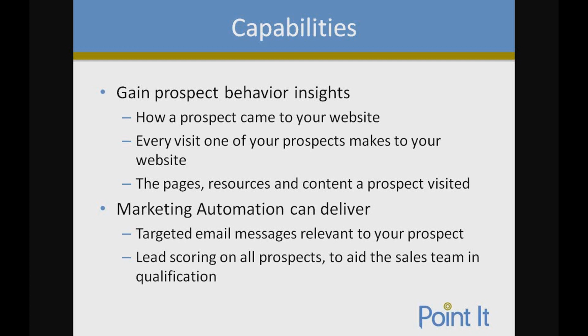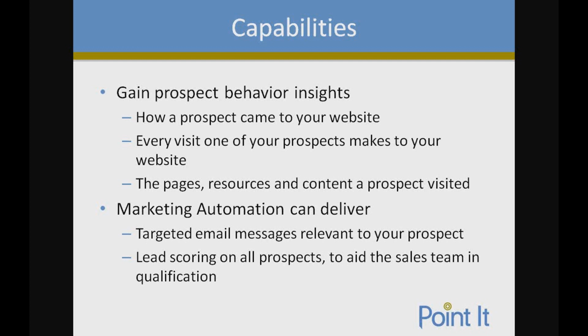For you as marketers, marketing automation can deliver targeted email messages that are relevant to your prospects. This is really a key part of automated marketing and why it can be helpful to you. Sending out targeted email messages to a database of 1,000, let alone 20,000, is nearly impossible.